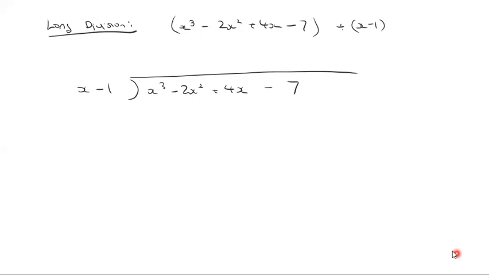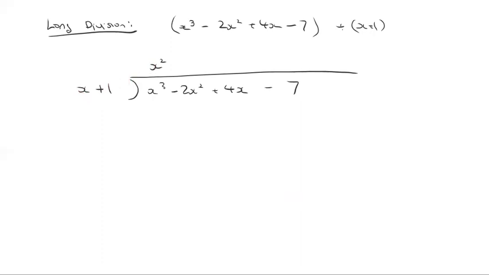So just like we did with numbers, what you're going to do is work out what do I need to multiply x by to get x cubed? All right, so I want to get x cubed. How do I get x cubed from x? What do I need to multiply by? Times x squared. Exactly.